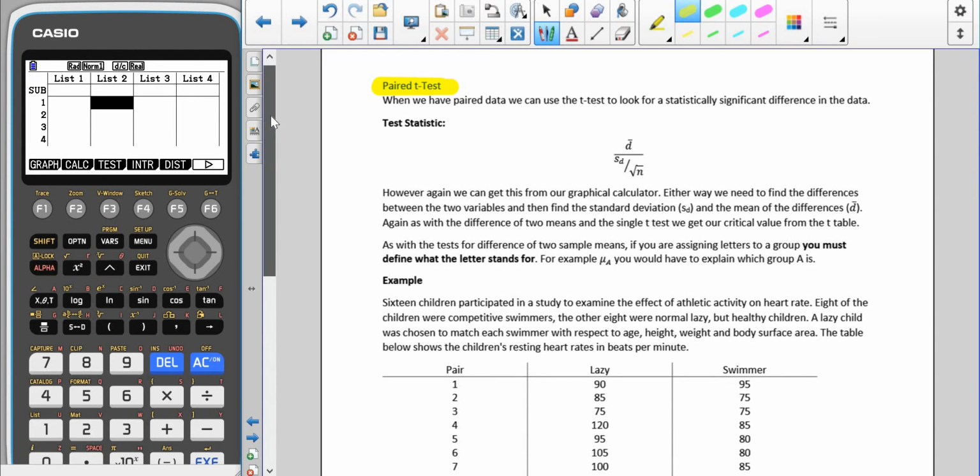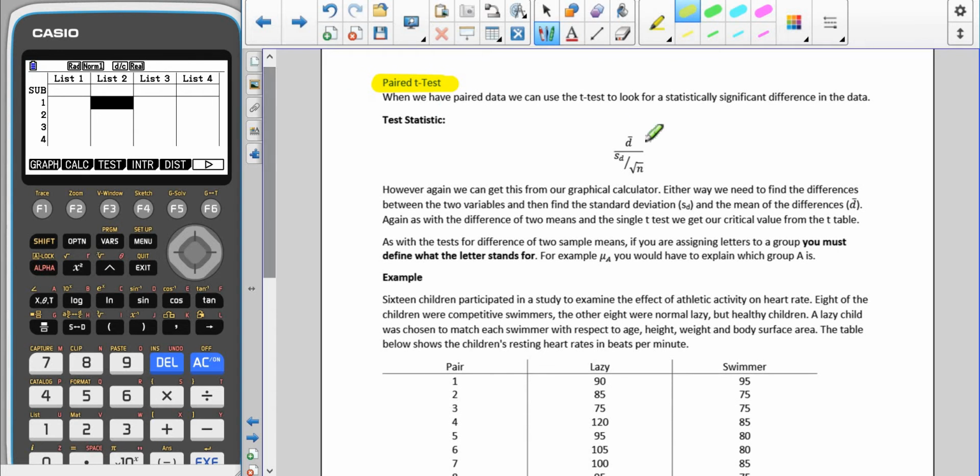So when we have paired data, we can use the t-test to look at statistically significant difference in the data. Now, if you don't have a graphical calculator, you are going to have to use this formula here to find your test statistic. And unfortunately, it isn't explicitly written in the formula booklet either.